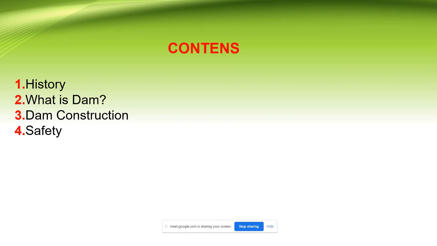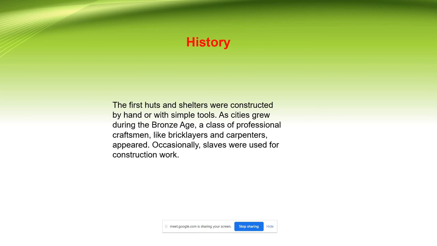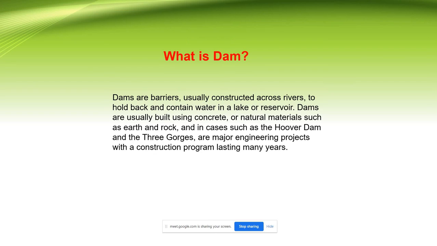Now we are talking about dam construction. It is complex and requires a wide range of professionals from different disciplines. There are several methods of dam construction. The first one is that civil engineers are generally responsible for determining the best type of dam for the site and for producing technical drawings showing the construction process.